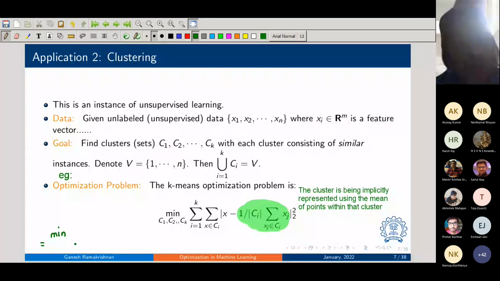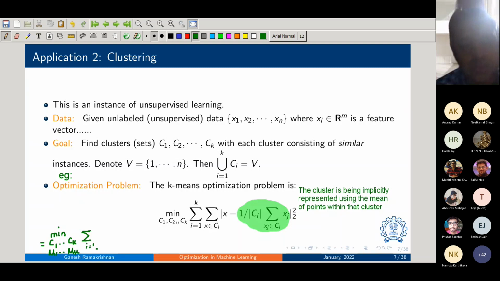This is what min over not only C1 to Ck, but also min over mu1 to mu k. Oh, sorry, min is already there. Of the same expression, largely the same expressions, except for the part in green I'm going to replace with a mu.